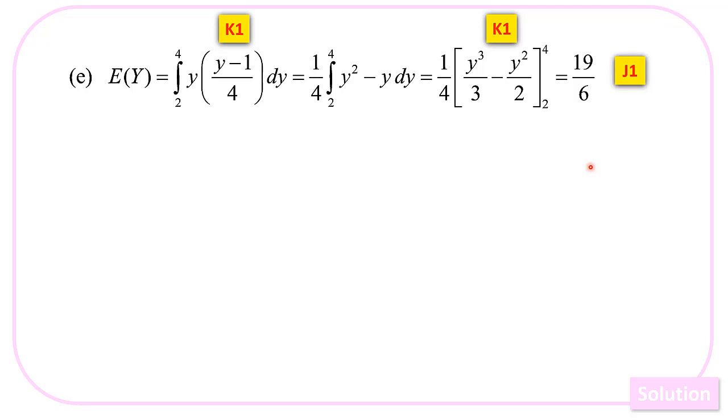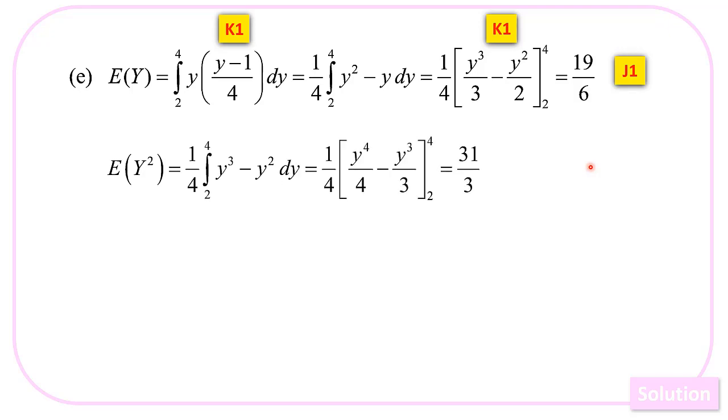To find the variance, we need to find the expectation of y squared. The expectation of y squared is the integration of y squared multiplied by f of y. So here, you take the formula in the expectation of y and multiply it by y. So you get y cubed minus y squared.